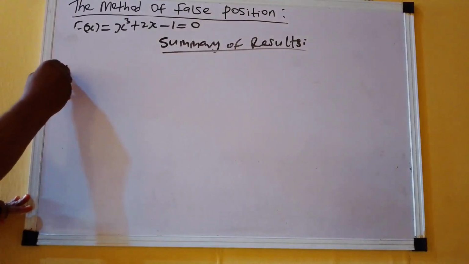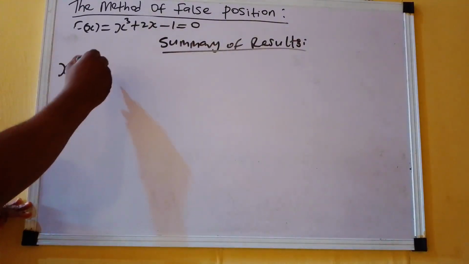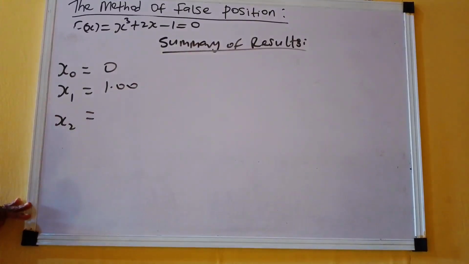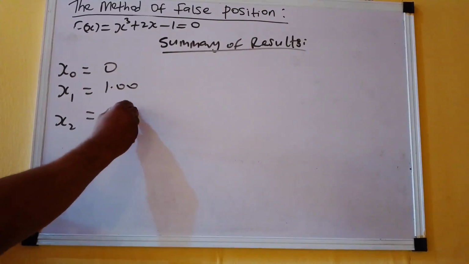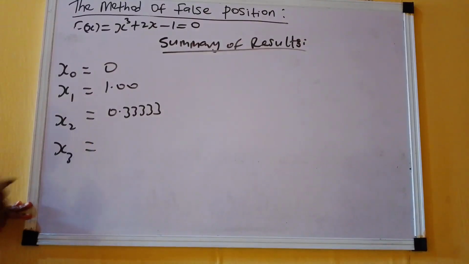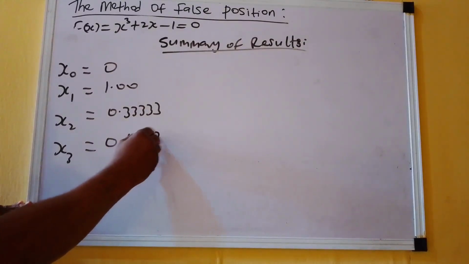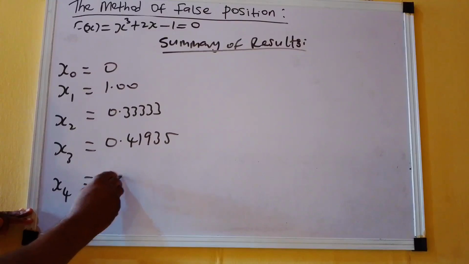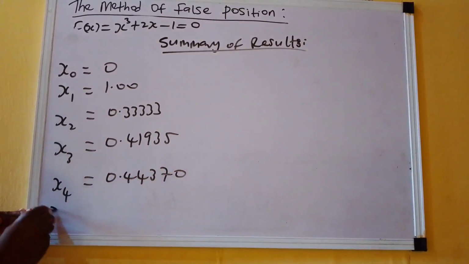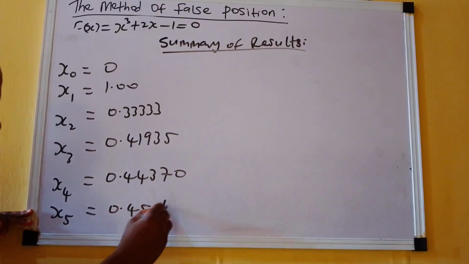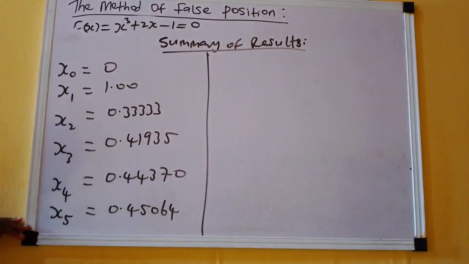So here our x0 is equal to 0, our x1 is equal to 1.00, our x2 is equal to 0.33333, our x3 is equal to 0.41935, our x4 is equal to 0.44370, our x5 is equal to 0.45064.